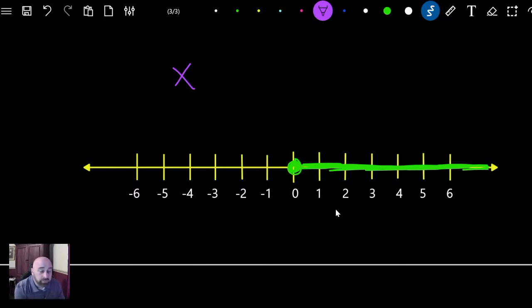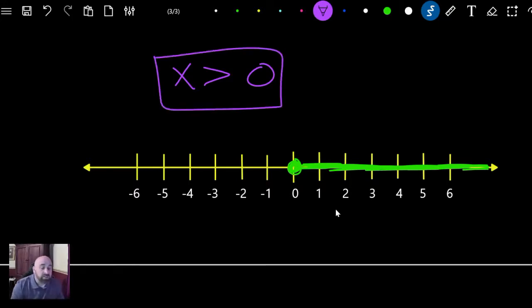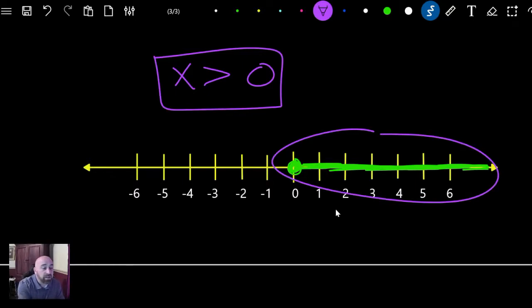We would look at our critical point. 0 is our critical point. Which way does this line go? This line goes to the right. So we would say that x is greater than 0. We would put our arrow the same way that the line is going in that case. Okay? So x is greater than 0 looks like this on the number line.